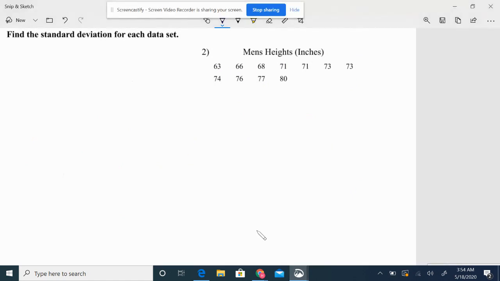Let's take a look at question number 2. My numbers in this case are 63, 66, 68, 71, 71, 73, 73, 74, 76, 77, 80. I'm just adding them on my calculator.